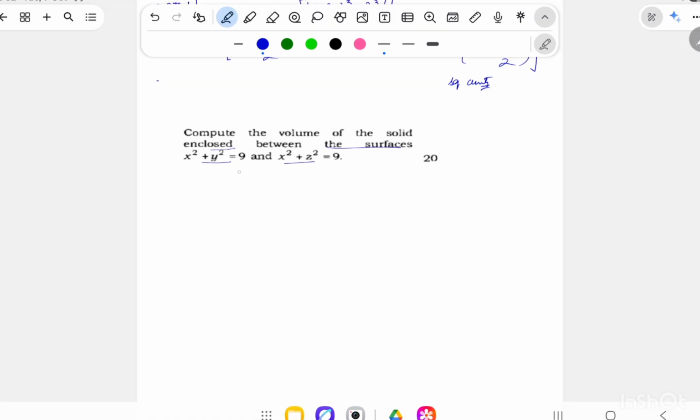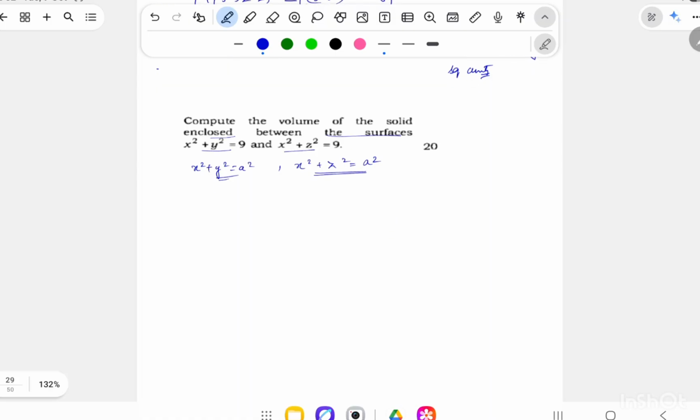We have done a similar problem, that is basically the general case. In that, the equations of the cylinders are x square plus y square equals to a square and x square plus z square equals to a square. So we have done these cases. In this question they have specified the values of a. So if I draw its figure, it will be somewhat like this.